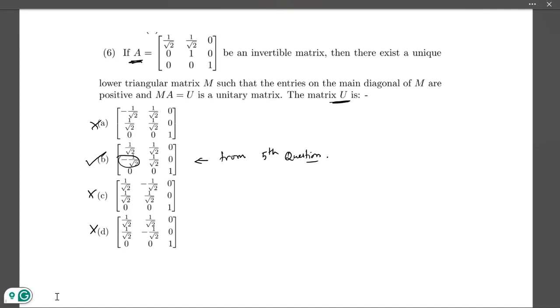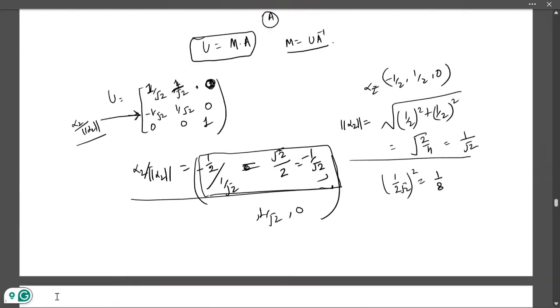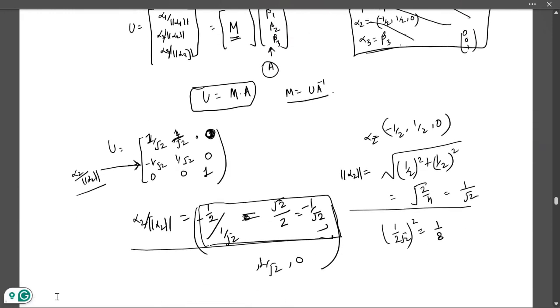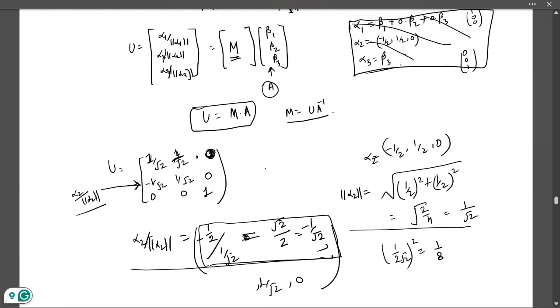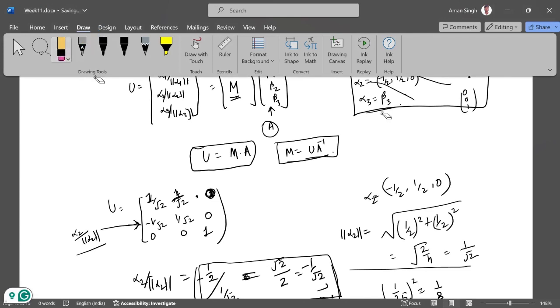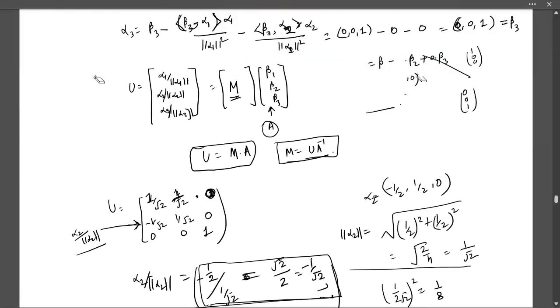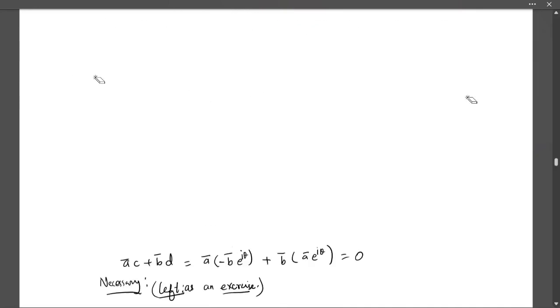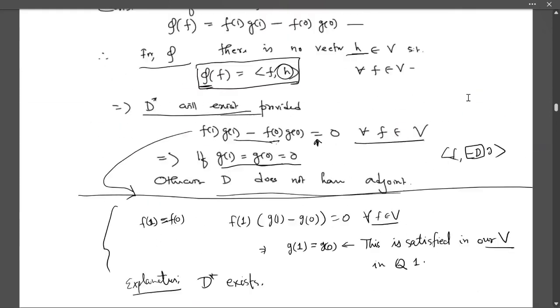Now, if you want to calculate M, you can just calculate it like someone was suggesting, U A inverse. But we'll follow the procedure which is given in the classroom. We'll simply calculate it. We'll look at what it is from here.